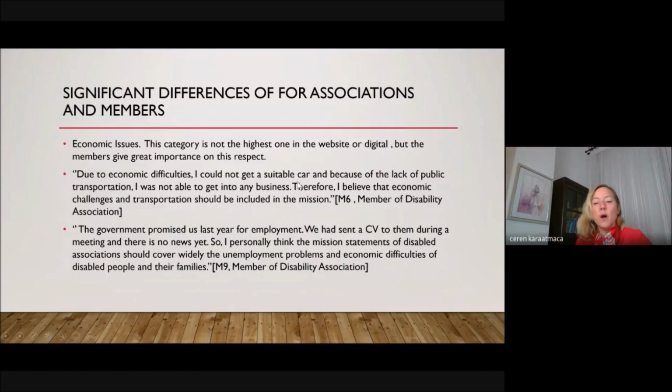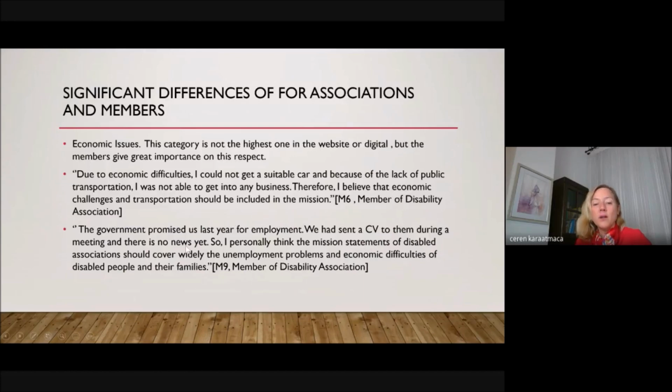So I will quote here one of the members, or actually two of the members. Member 6 is saying, due to economic difficulties, I couldn't get a suitable car. And because of the lack of public transportation, I wasn't able to get into any business. Therefore, I believe that economic challenges and transportation should be included in the mission.